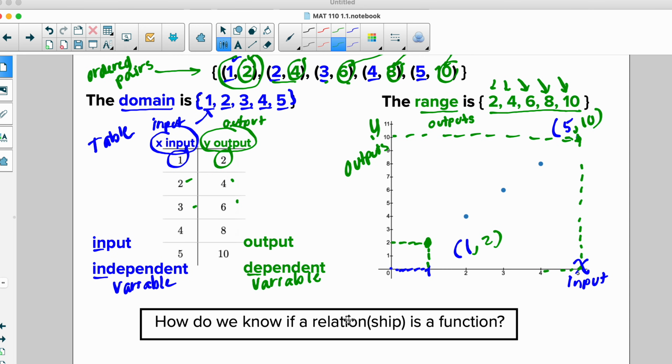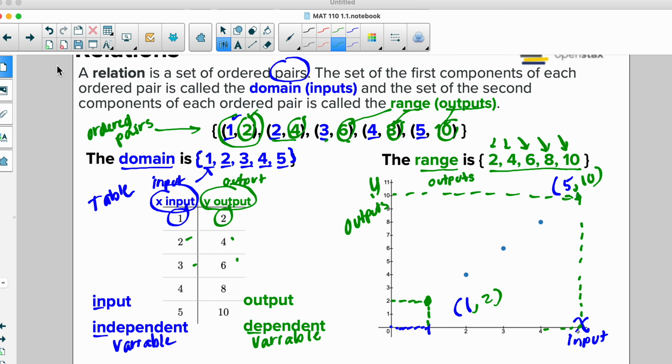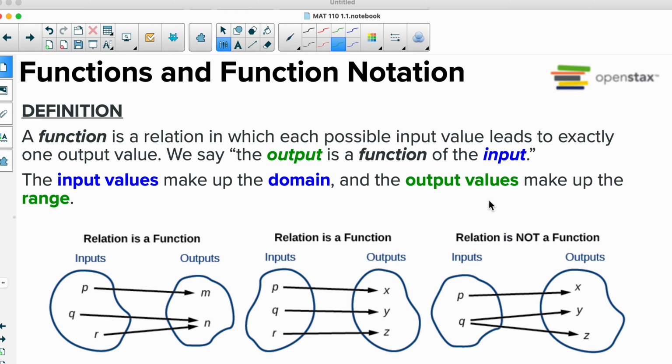So the question is, how do we know if this relationship is a function? A function is a special type of relationship and has a very specific meaning. When we define a function, it's a specific relation where each specific input value has exactly one output value.